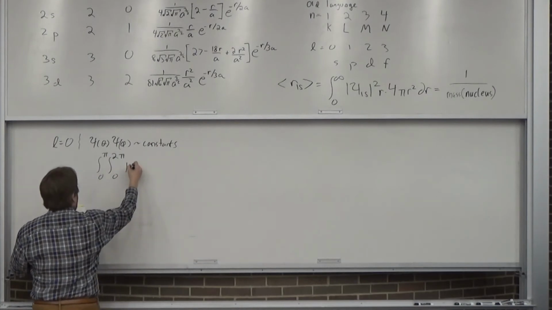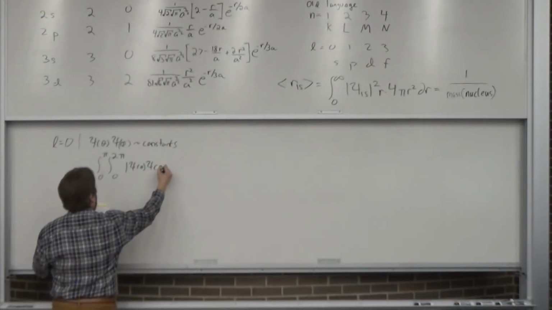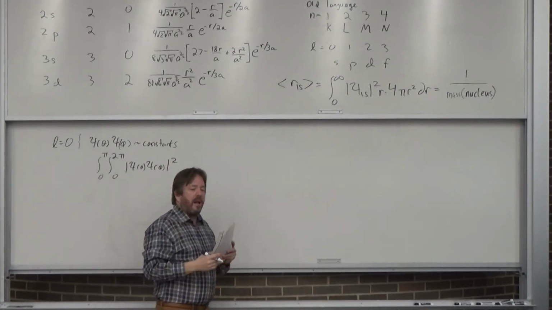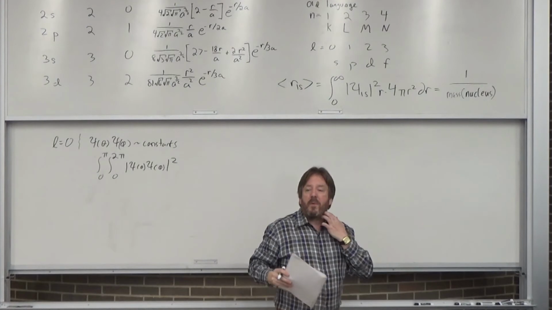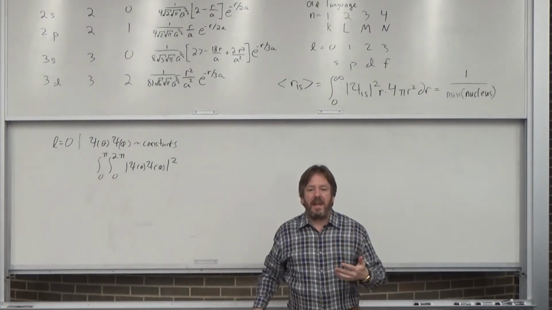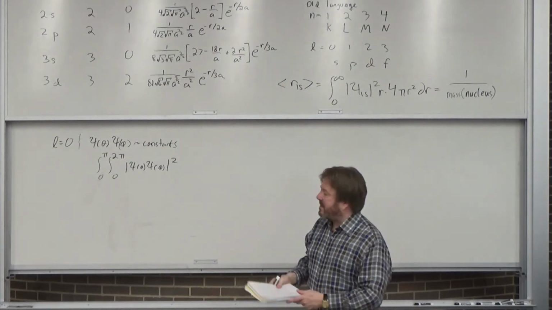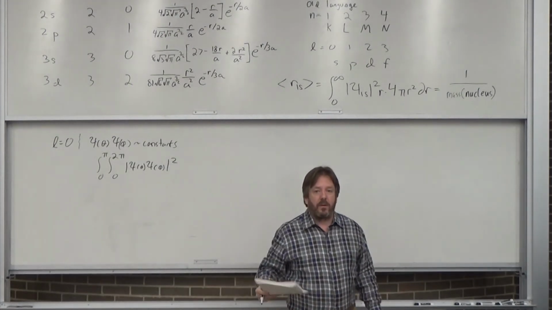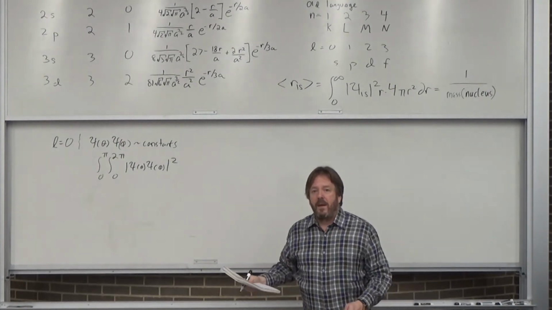Okay, we're going to have our wave functions, the absolute value squared. And we definitely want to make sure that we use the proper terminology here, because remember that the phi wave function is like e to the i m phi, so it's complex. When it's complex, you better make sure that you use the right mathematical absolute value.